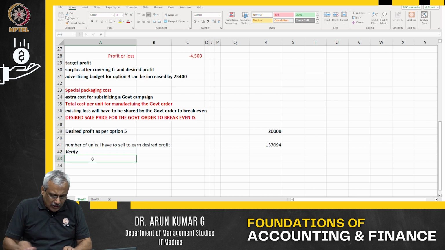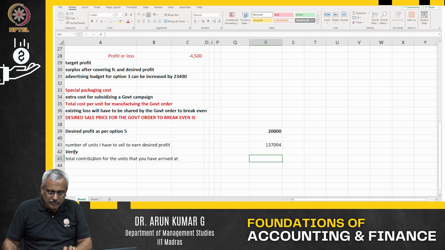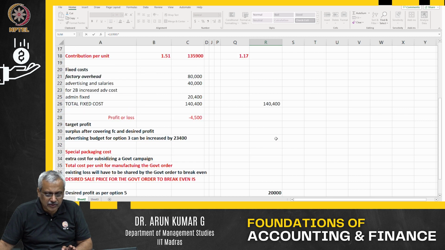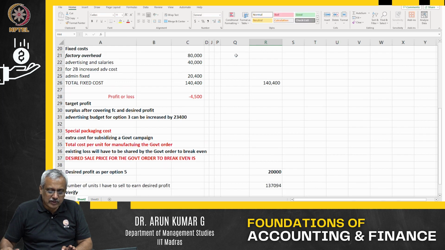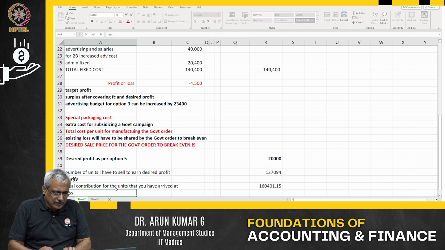So what is the total contribution for the units that you have arrived at? That is going to be 137,095, because there are decimals here, into 1.17, less your fixed cost.